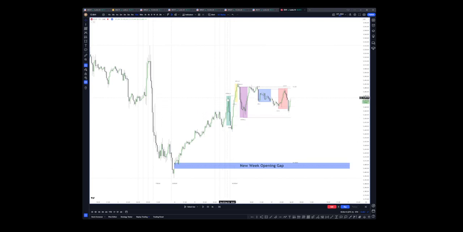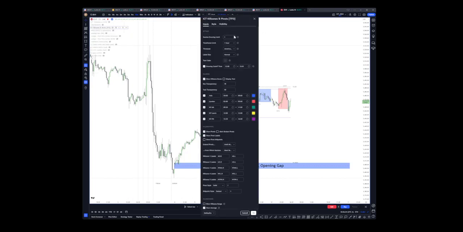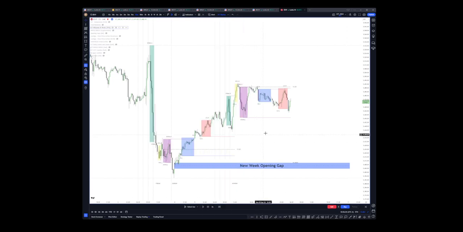So since they went all the way up here, then on Monday, Asia went up, London went up. In New York AM, they took out all the liquidity, moved up, came back down, took more liquidity, went up, came down, went up, came down. So that's all they did.